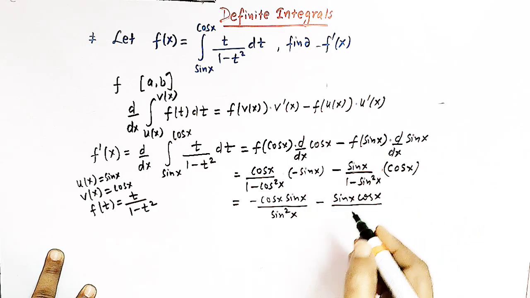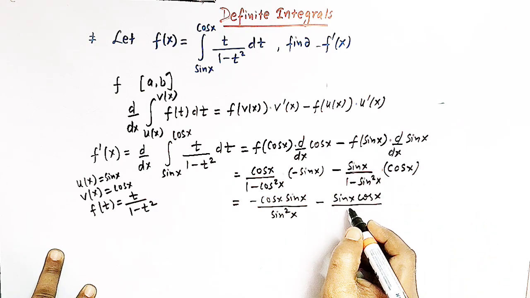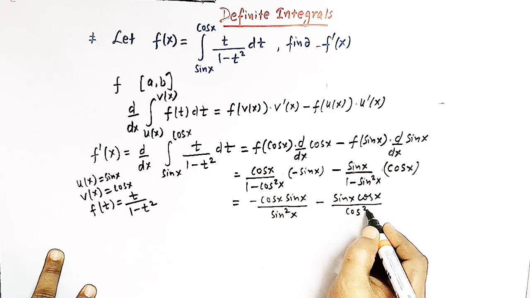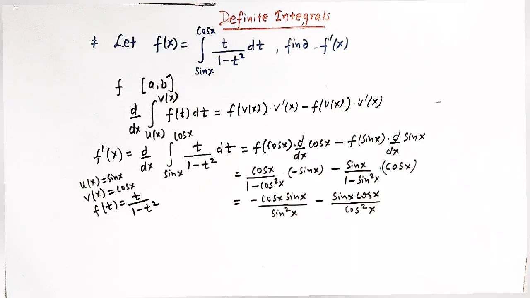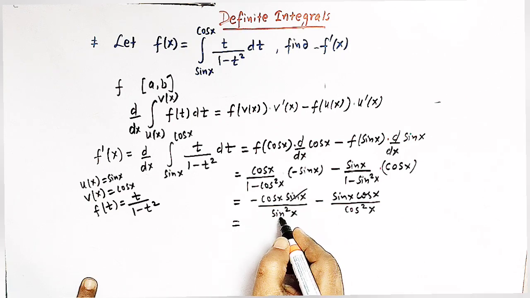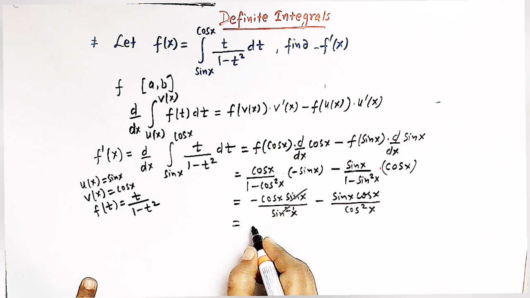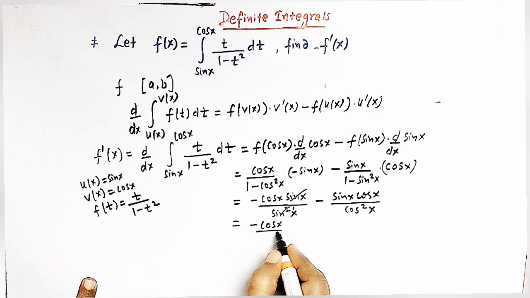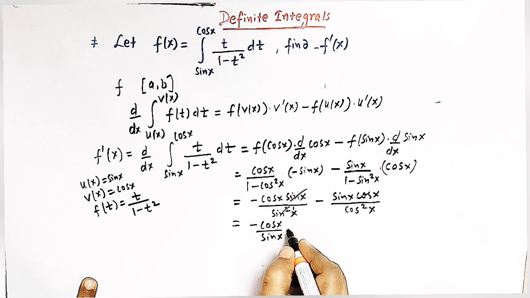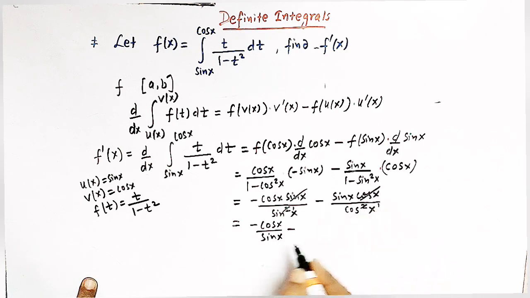From trigonometry we know that 1 minus sin square theta is cos square theta, so here we have cos square x. Now we can cancel this sin x with this one, and we are left with only one sin x. So we have minus cosine x over sin x, and then this cosine x gets cancelled with this one. So we have minus sin x over cos x, right?